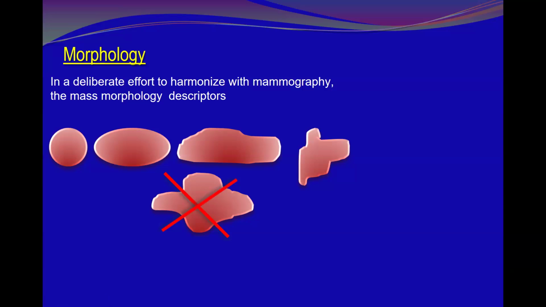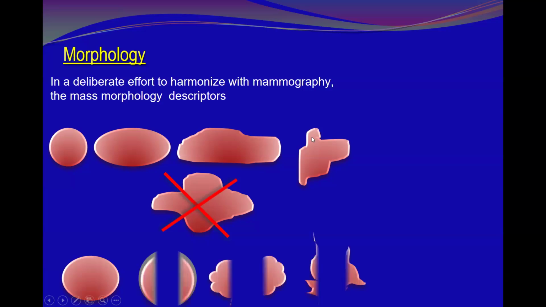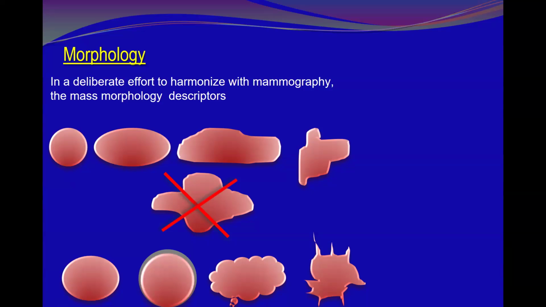includes parallel oval lesions with macrolobulation or two or three undulations. And this is the irregular one. Regarding the margins, we have either circumscribed or non-circumscribed, which includes indistinct, microlobulated, and spiculated, as on mammography.